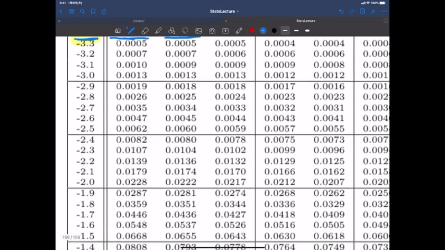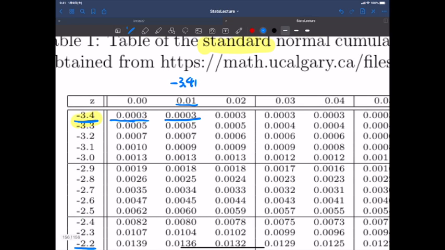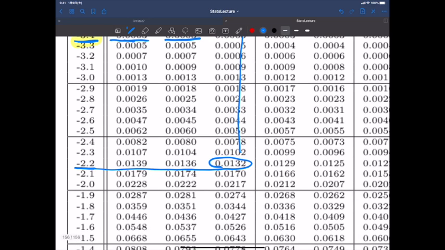Let's take another value. When z is negative 2.22, the probability that the standard normal random variable takes a value less than or equal to negative 2.22 is 0.0132.